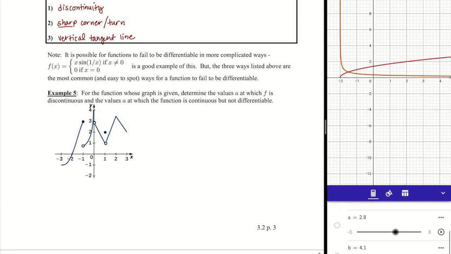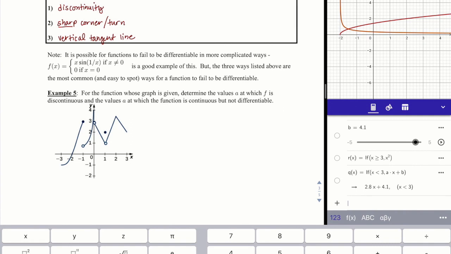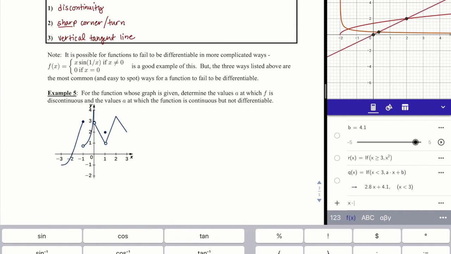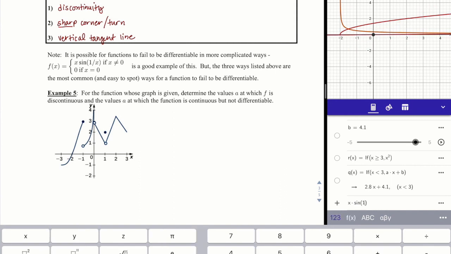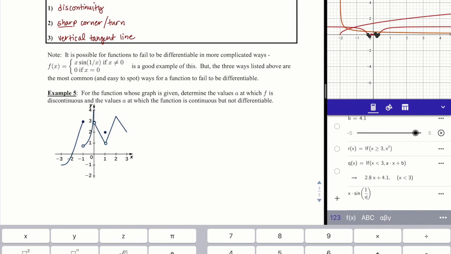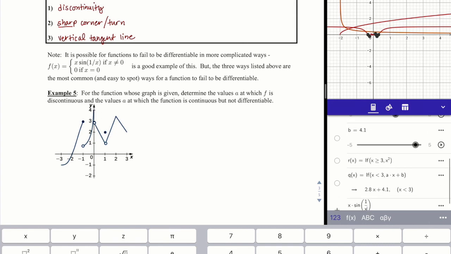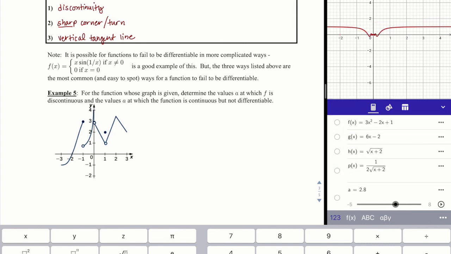So if we add here, we wanted x times sine of 1 over x. Turn these others off.